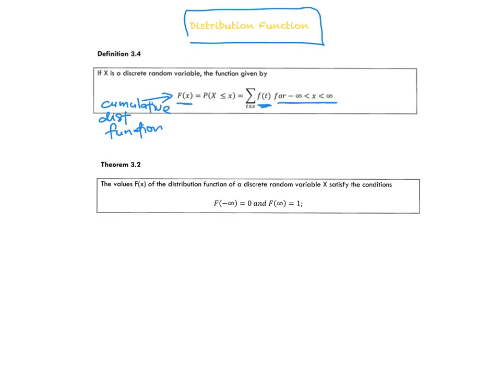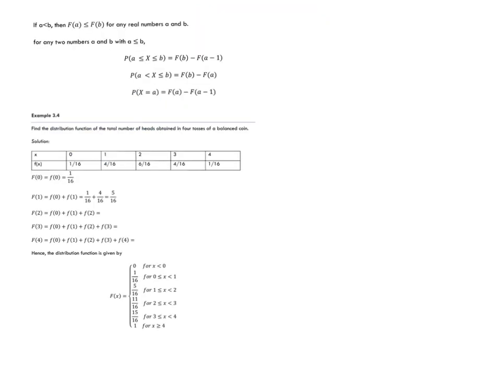And then we have theorem 3.2. The cumulative distribution function of a discrete random variable x must satisfy the conditions where F(negative infinity) equals 0 and F(infinity) equals 1.